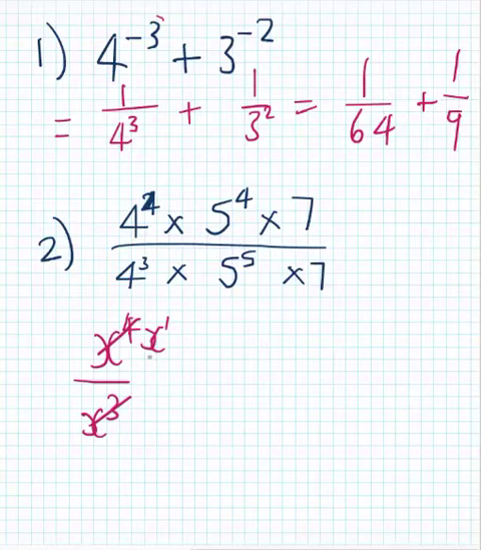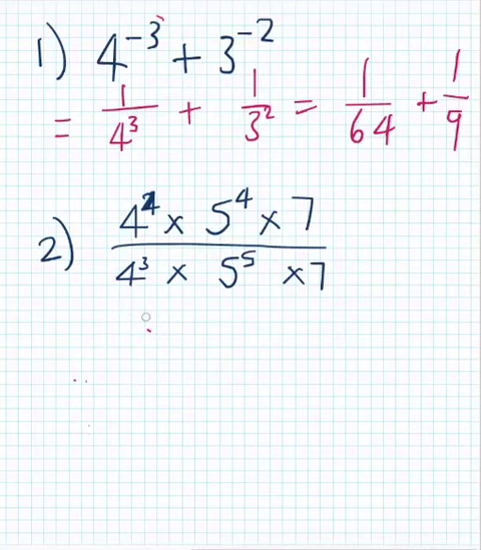So we'll be doing the exact same thing, because the 4s have the same base. I've got a 4 on top and a 4 on the bottom. Same with my 5s and 7. So just cross off your smallest amount and you're done. So 4 4s on top and 3 in the bottom. So I can take away 3, it's gone, or it's really a 1. And 4 take away 3, I'm left with 1 4, or 4 to the power of 1. 5 4s on top and 5 5s on the bottom.